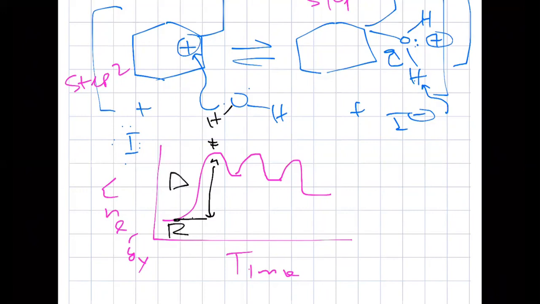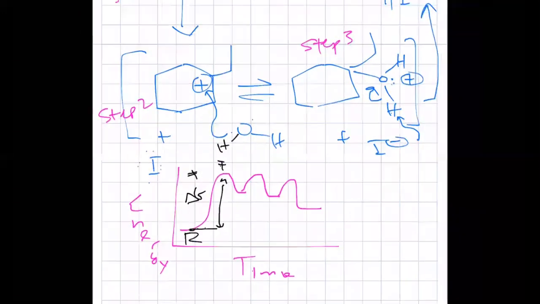Or if you learned this in G-Chem, right? Delta G, double dagger. If you didn't learn it in G-Chem, then you learn it in Organic 1. Right, so that's my activation. That's how I know which one has the highest activation energy.